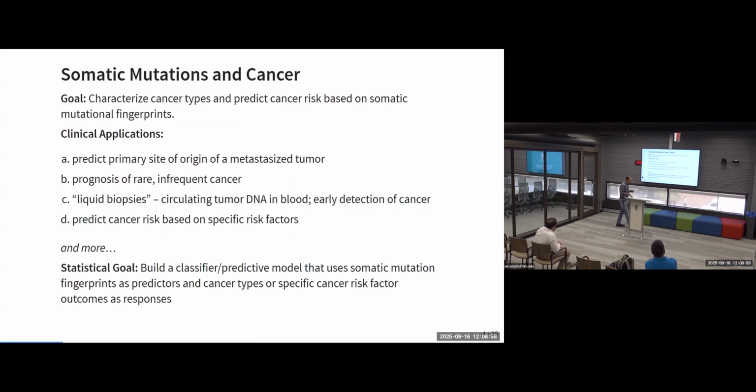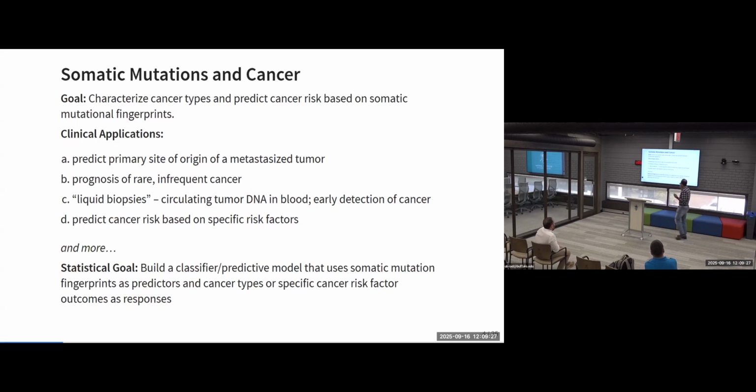So the goal in this line of work, a key area in contemporary computational biology and computational biomedicine, is to characterize different cancer types and predict cancer risk based on somatic mutational fingerprints. Somatic mutations cause cancer. So the idea is, based on the genomic fingerprint, are we able to comment anything about the possibility of cancer?